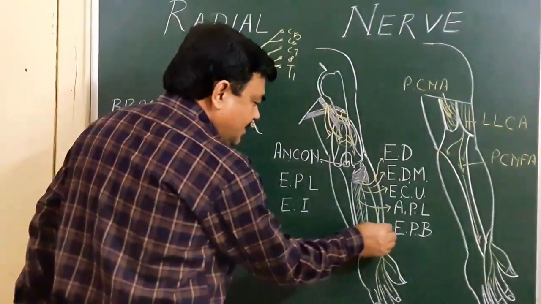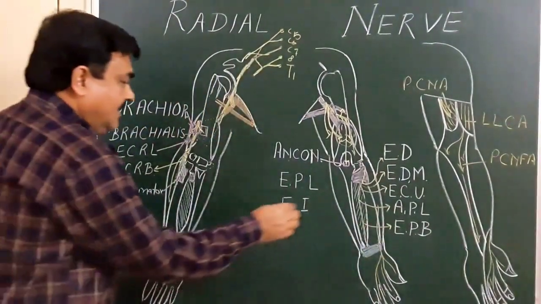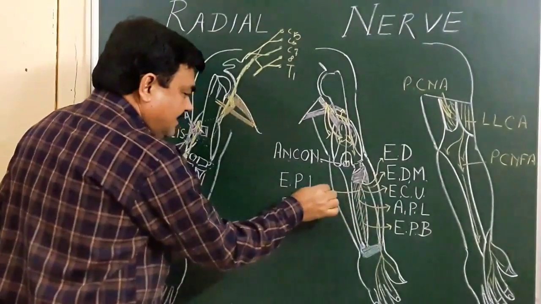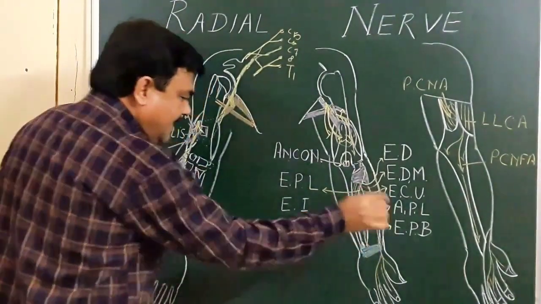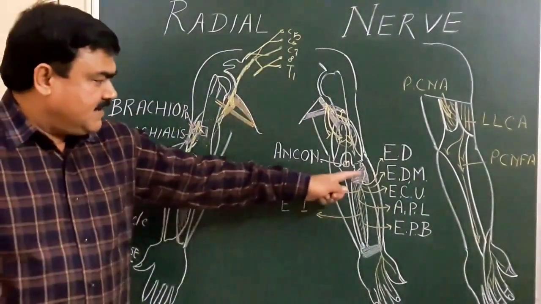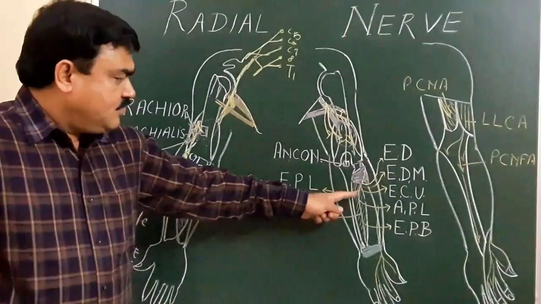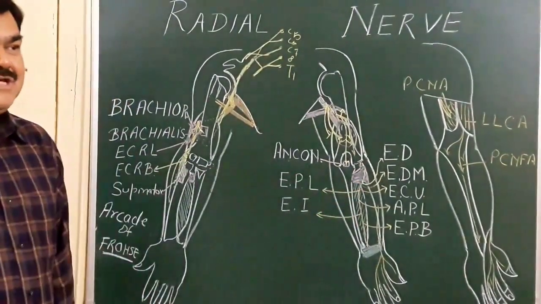It gives a branch to extensor pollicis brevis. It gives a branch to extensor pollicis longus. It gives a branch to extensor indicis. So these muscles are supplied by this posterior interosseous nerve.